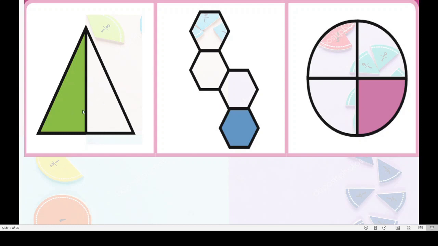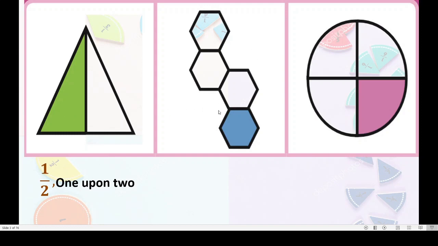Triangle is divided into 2 parts and one part is shaded, right? So we will write this in the fractional form, that is 1/2. How to read? 1/2, isn't it? Because total parts are 2 and one part is shaded.